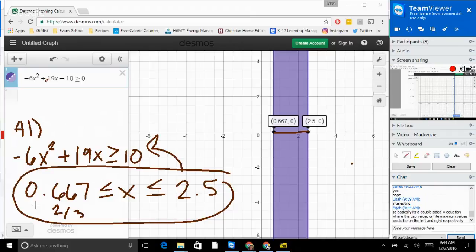Elijah said, so basically it is a double-sided equals equation with the cap. Yep. Or Elijah, it could be on the other side. Hold on, give me 1 second, because I want to make sure that we get it. So it could actually be the outside values that are true.